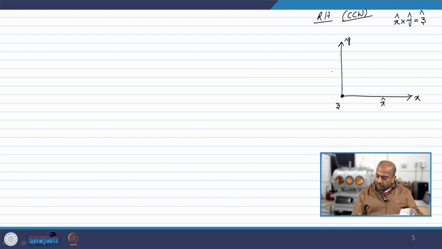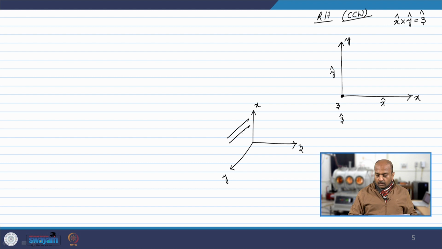This becomes x cap, y cap, and z cap. Now, you can choose your x to be in any other direction, but x is comfortably drawn generally in this way. You can write x, y, z. Now, this is your plane, and the z axis is coming out of the page. Like that you can choose this to be x, this to be y, and this to be z.